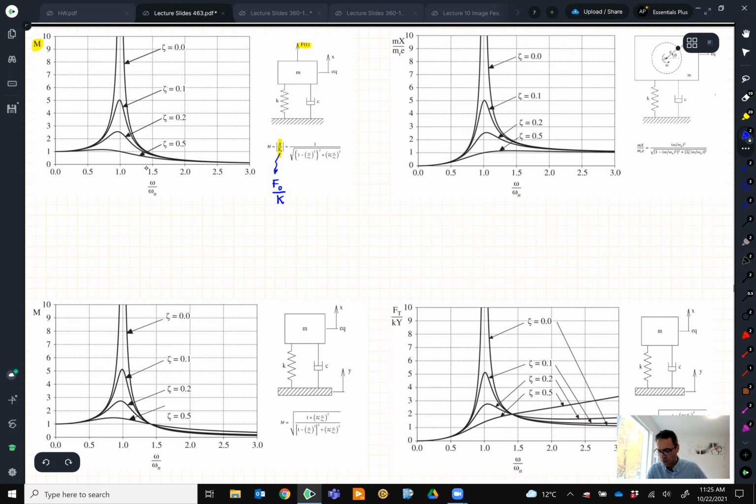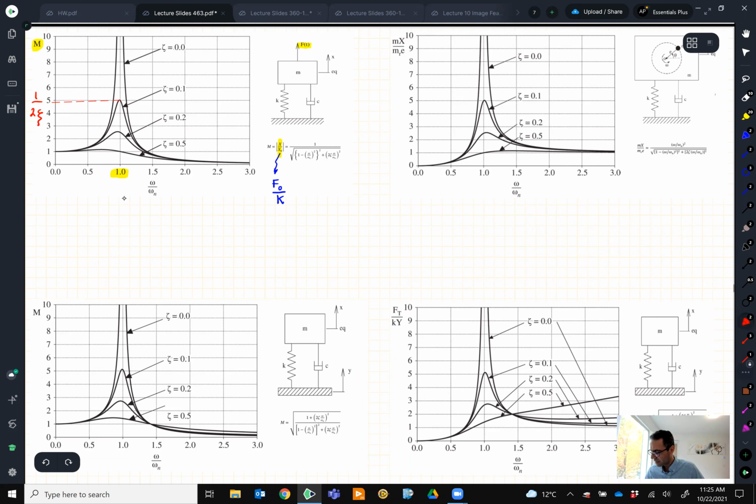So is there anything particular about this one? We said something will happen at omega equal to omega n, but slightly before omega equal to omega n. However, we didn't pay too much attention to that because it's very, very small. And at the peak, we approximate the maximum M as 1 over 2 zeta, like an approximation.